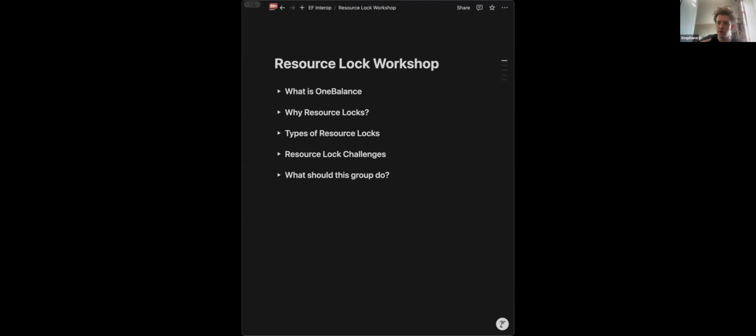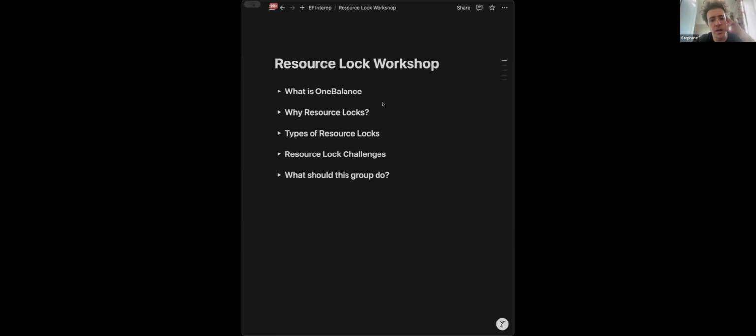The primary goal is just having common language, and the secondary is to work towards any sort of collective action, whether it is standardization or pushing EIPs or whatever else makes sense. So I just have a quick walkthrough here of the high level topic of resource locks and a few open questions at the end. So to set the context, I'm Stefan.